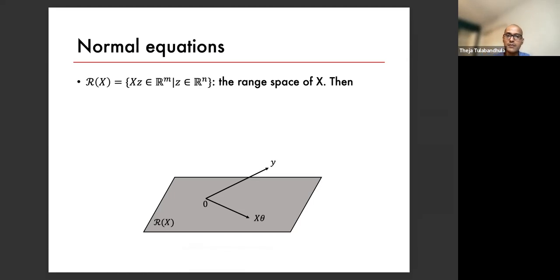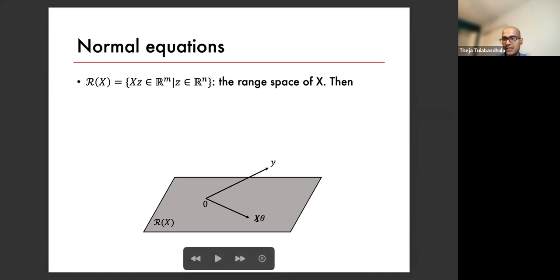Now, you can see that if I multiply X with any, let's say, theta, then you will have a vector which looks like this, X theta. So X theta is this vector going from 0 to some point. It's a vector that lies in the range space, because the range space is the set of all things that you can get from multiplying X with something.